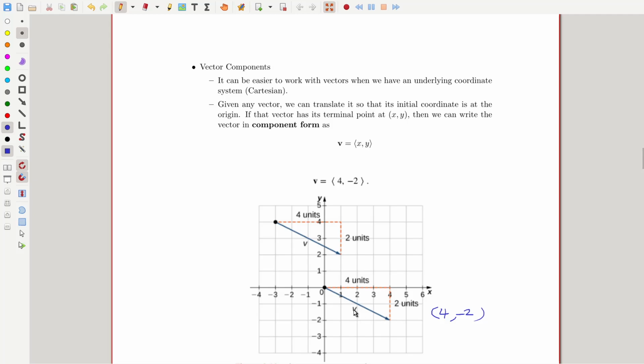That is how you would name the vector v. But instead of round brackets, these parentheses, we switch over to angle brackets for this component form of the vector. This is how, for any coordinate in space, we can associate a vector that starts at the origin and goes to that point. That is how we can relate these two things.